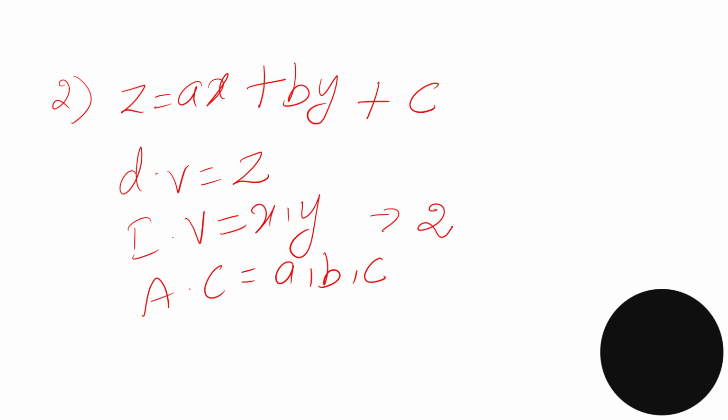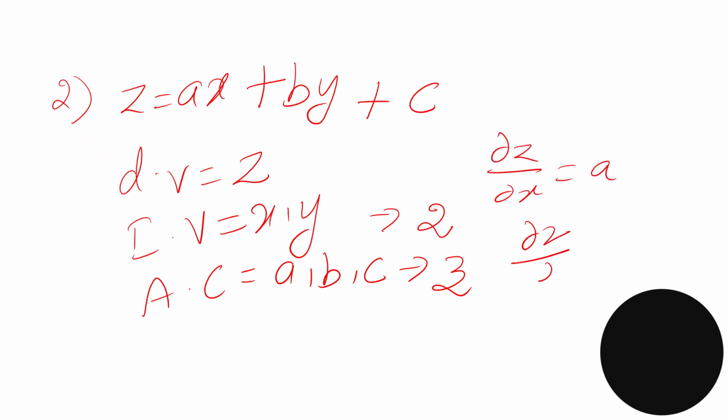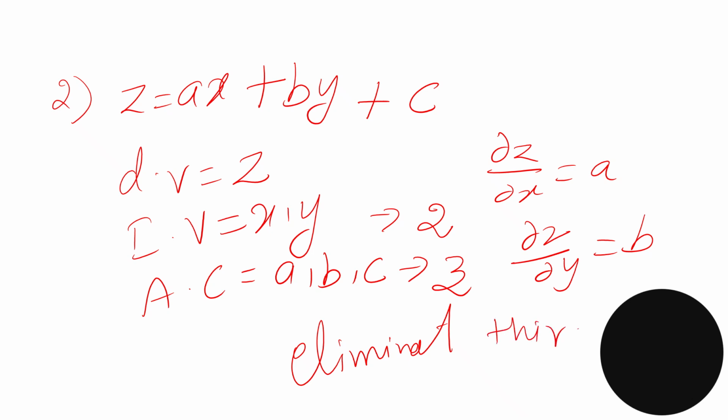So two independent variables, three arbitrary constants. But in Case 1, what are we using? Dou z by dou x equal to a, dou z by dou y equal to b. So how do we eliminate the third constant c? This is the question.